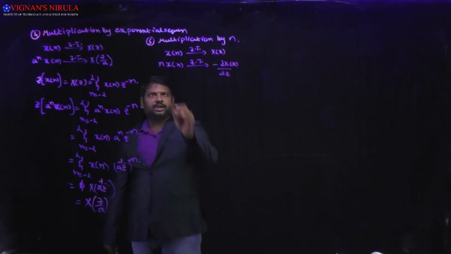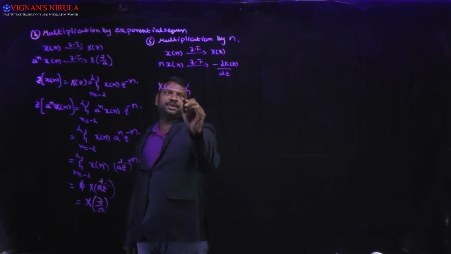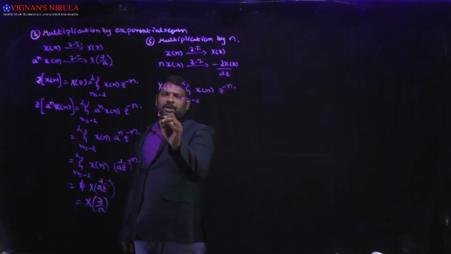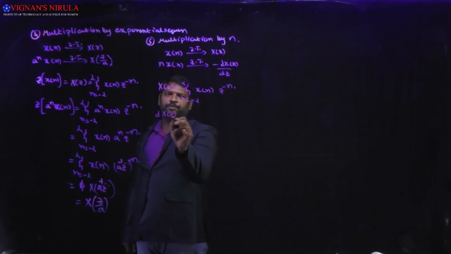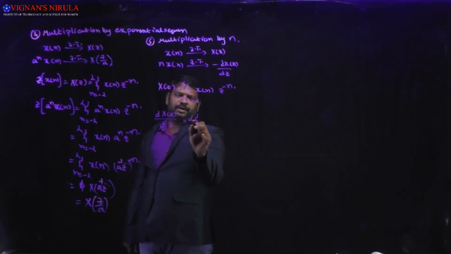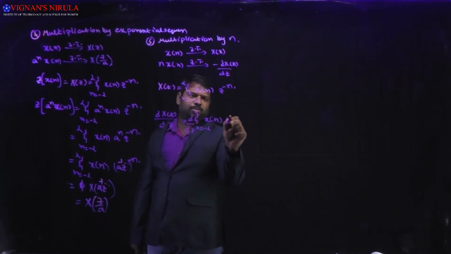For that, take directly the x of z formula, summation n varies from minus infinity to infinity x of n z power minus n. Then differentiate this with respect to z on both sides.